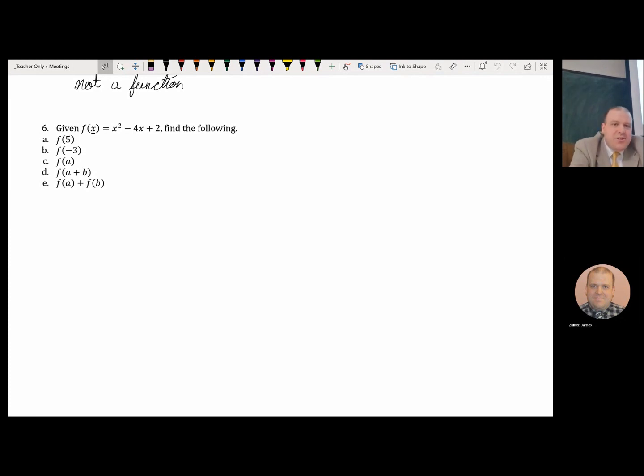The other way to think of functions is as a machine. Right? So you put something into a machine, it does whatever it does, and it gives you an output. Something comes out. So what this is saying is f of 5, we're inputting 5 into f.